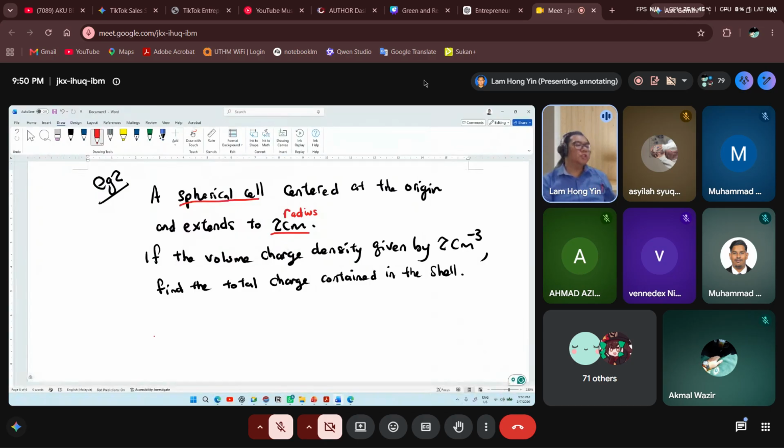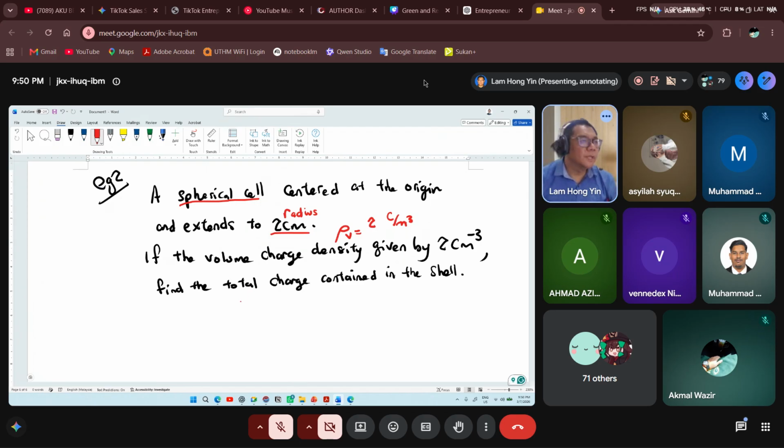So if the volume charge density is represented by rho v, given by 2 coulombs per meter cube, so your rho v is 2 coulombs per meter cube.